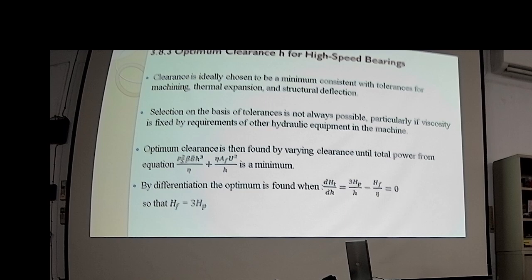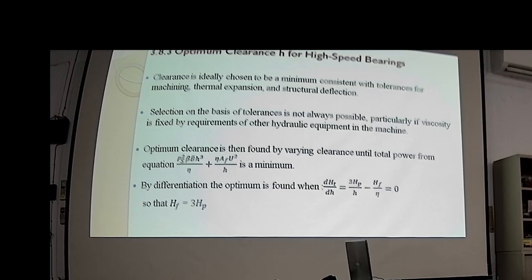So you cannot choose a very small failure because you need to discuss with your manufacturer, see if the worker can make the final assembly for the bearing system in this small failure.